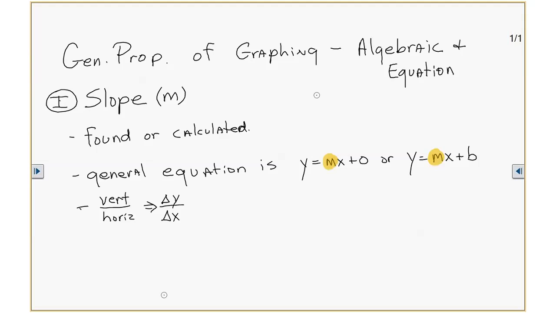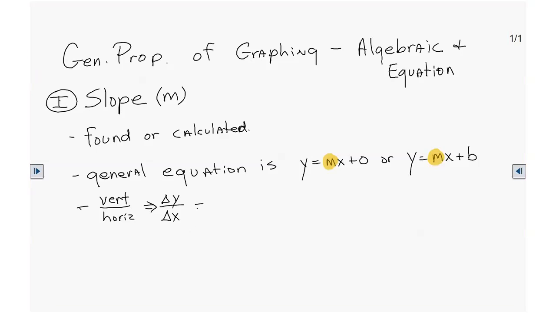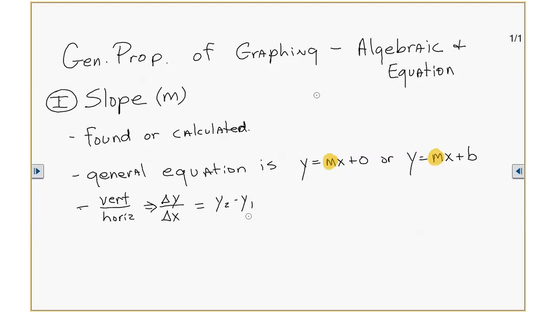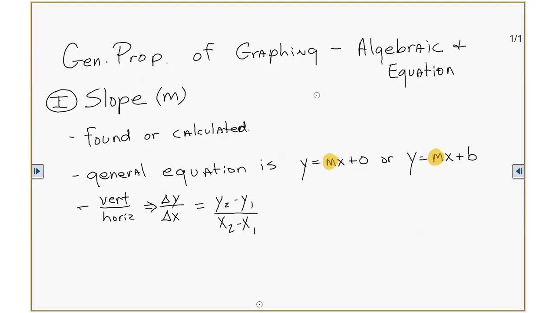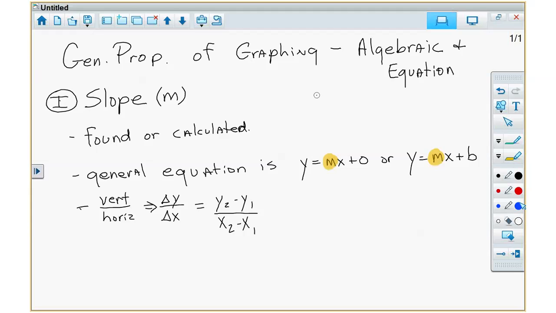Now, a lot of people don't write it that way because you really can't do any calculating. You have to define what the change in y is. The change in y is y sub 2 minus y sub 1 over x sub 2 minus x sub 1. And that is the slope equation. And that's how you calculate the slope.